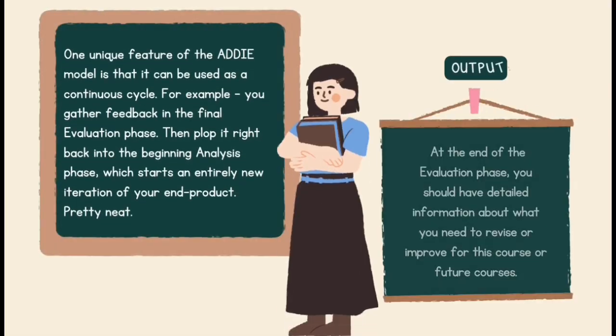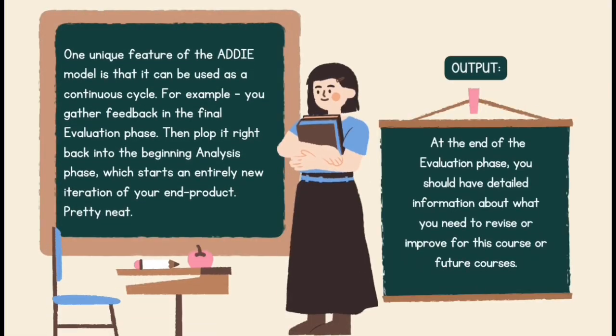One unique feature of the ADDIE model is that it can be used as a continuous cycle. For example, you gather feedback in the final evaluation phase, then plop it right back into the beginning analysis phase, which starts an entirely new iteration of your end product. Pretty neat. And at the end of the evaluation phase, you should have detailed information about what you need to revise or improve for this course or future courses.